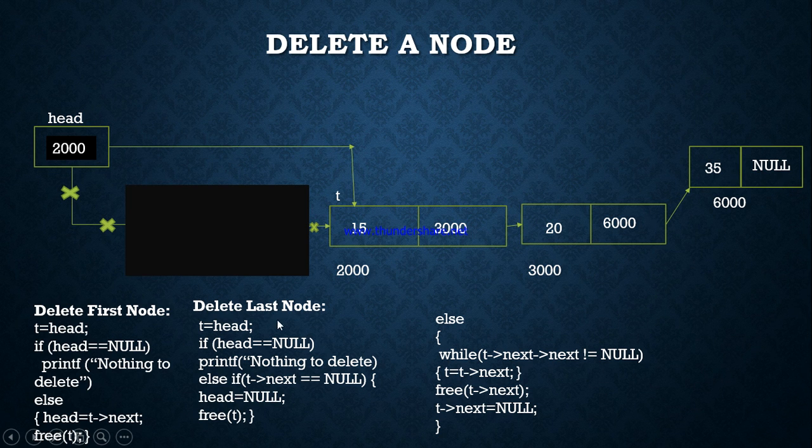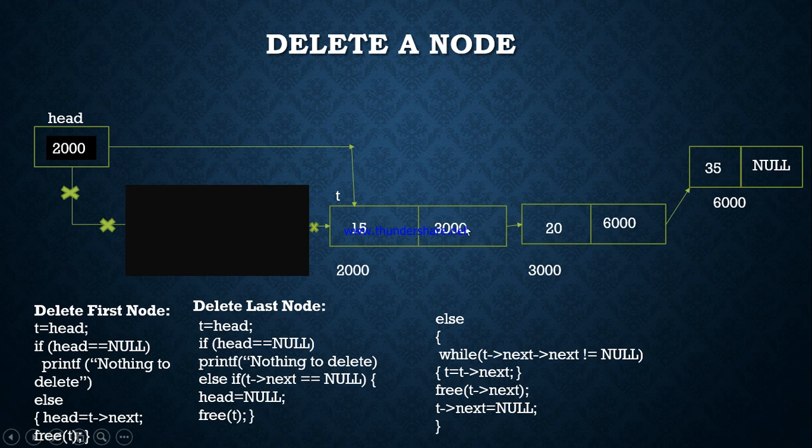So what will be the logic? This portion is the same. If head equals null, that means there is no node in our linked list, so nothing to delete. Else if T of next equals null. Now our T is here and T of next equals null.